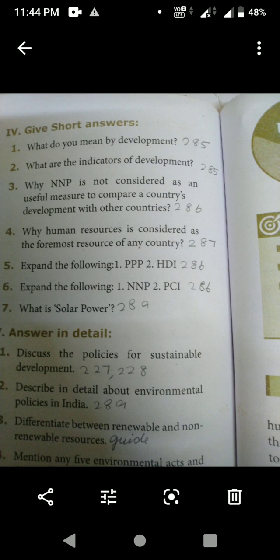Next question, answer in detail, Roman number 5, third question: differentiate between renewable and non-renewable resources. In your book also, page number 288, you have it. If you need, you can learn that one.